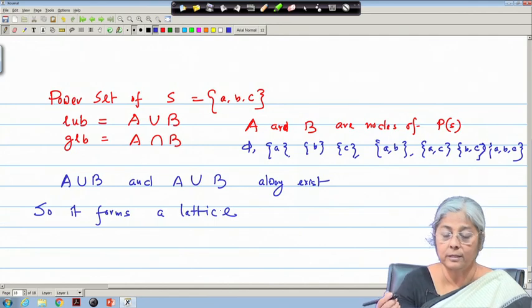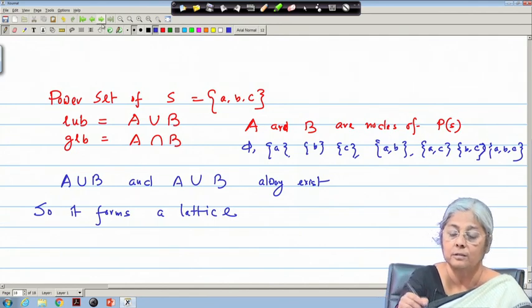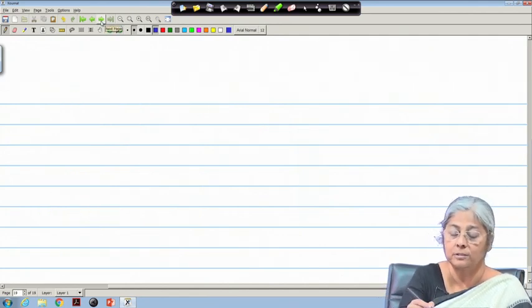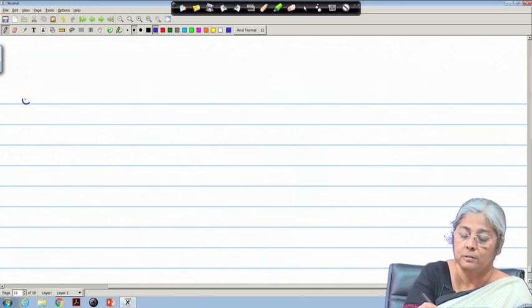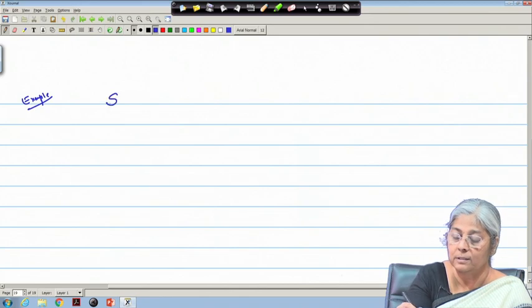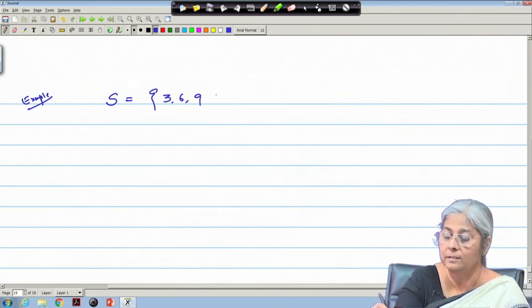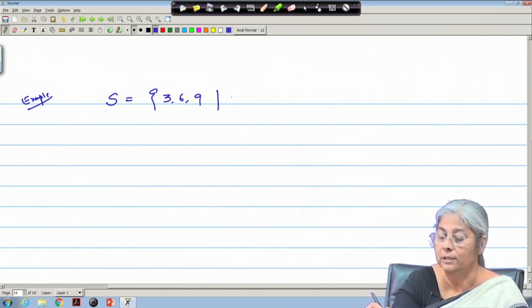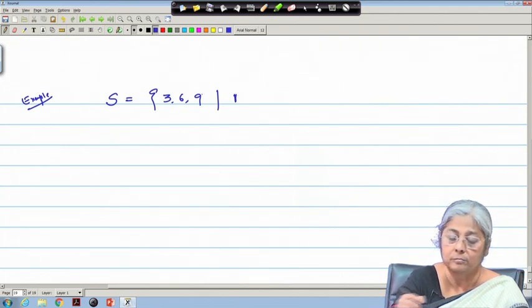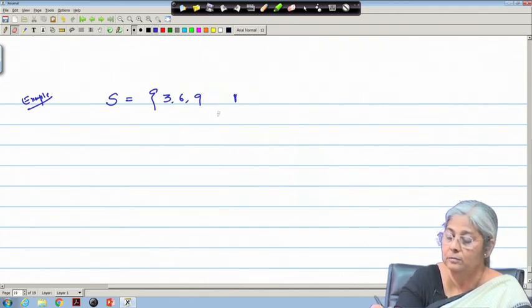Some other examples that we have seen: say the set S is 3, 6, 9 and the relation is divisibility.